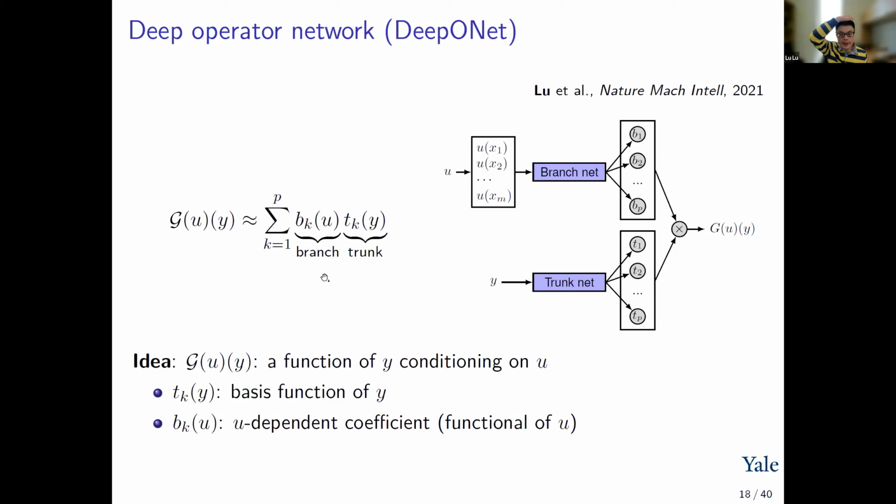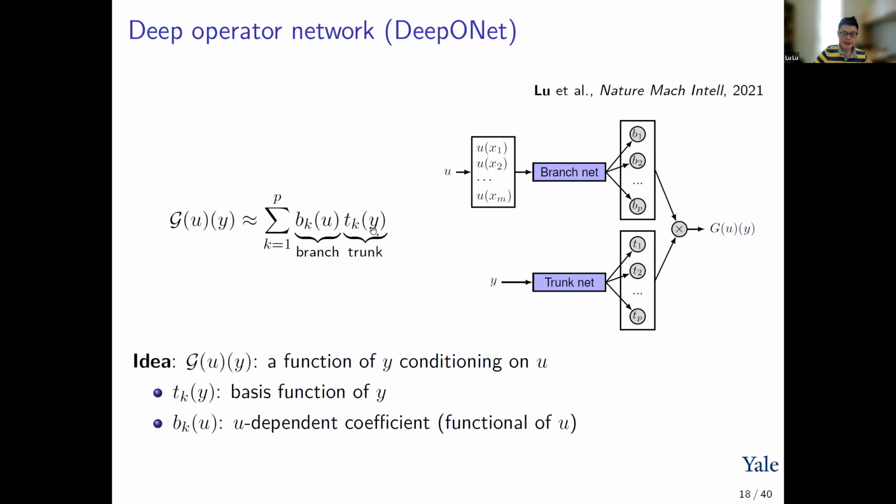So this is a simple way to construct the network, inspired by the following idea. Because G(u)(y) essentially is a function of y, right, is a PDE solution. And for different cases, we have different solutions. Then the t_k here can be viewed as a basis function of y, essentially the basis function in the space of the PDE solution.